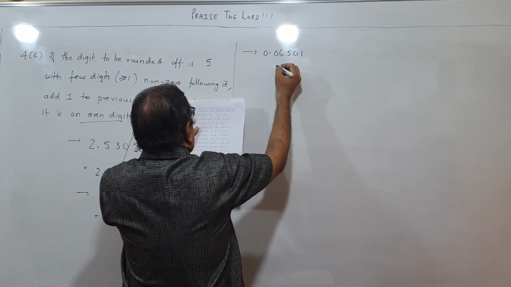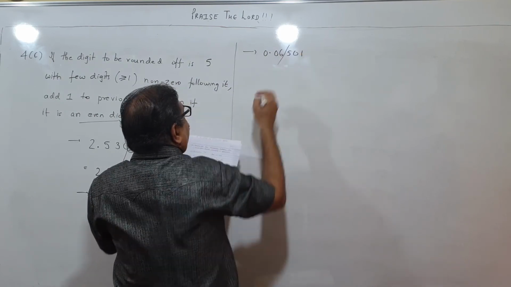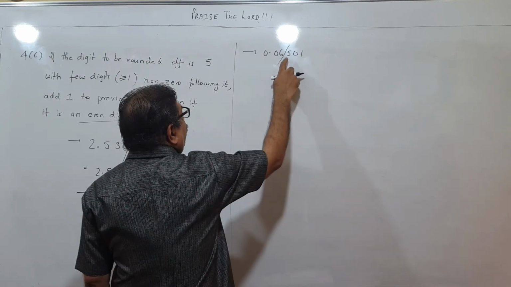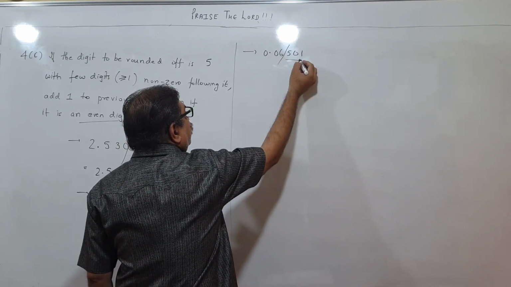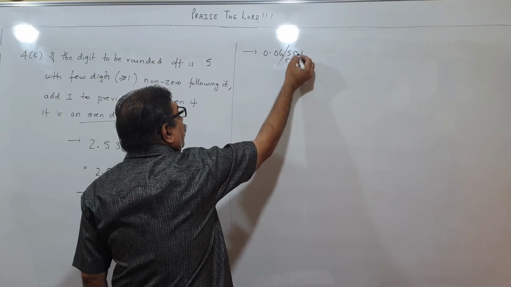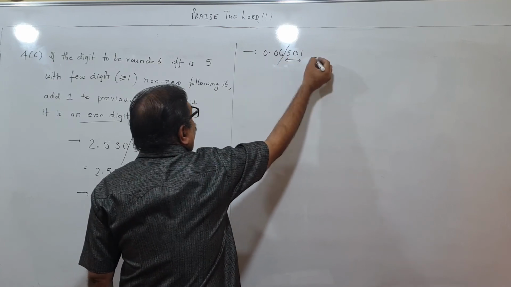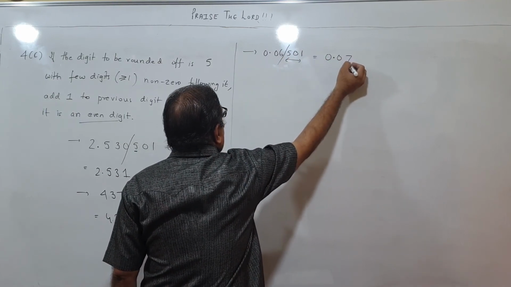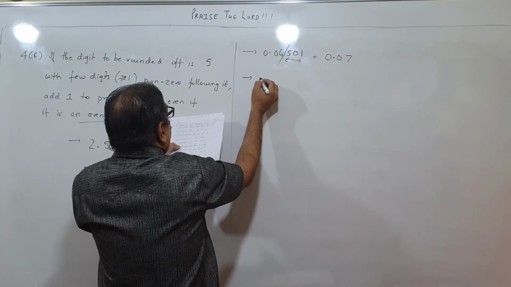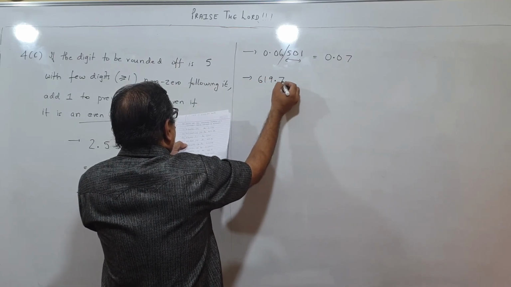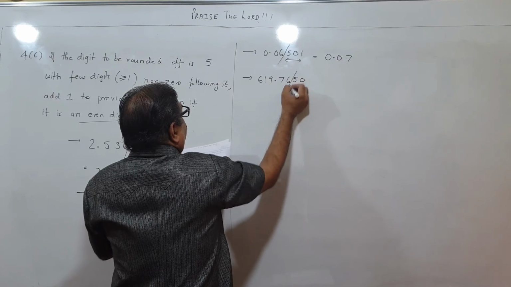0.06501. You have to round off up to, supposing here. So again children, the rounded off digits are these 3. There is 5 over here and there is one non-zero digit. So we write it as 0.07. Then 619.7650. You want to round off till here.